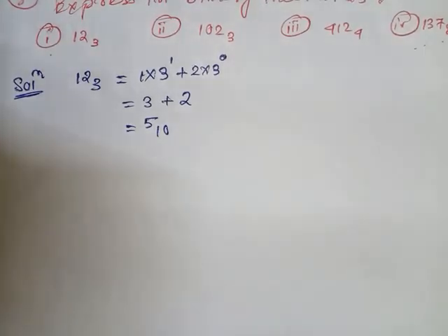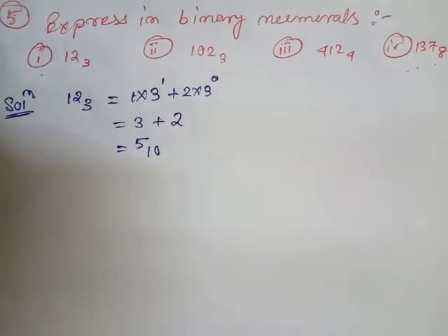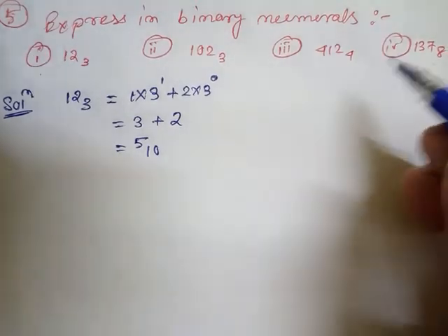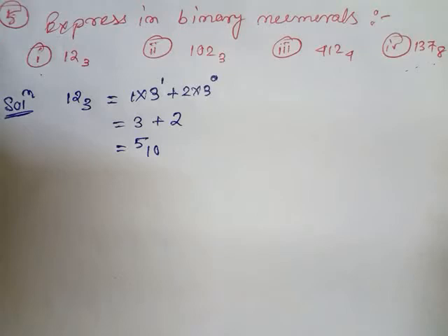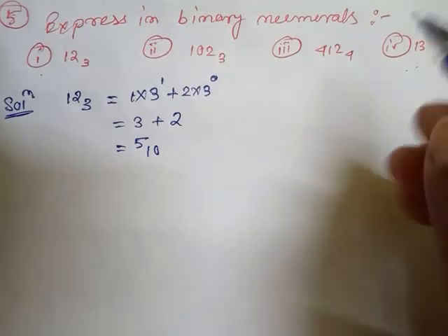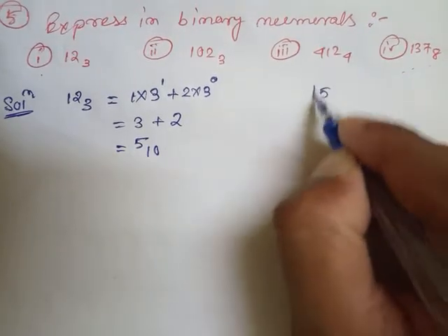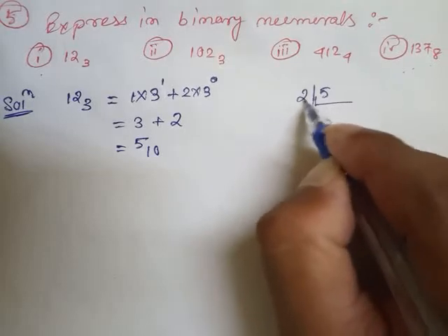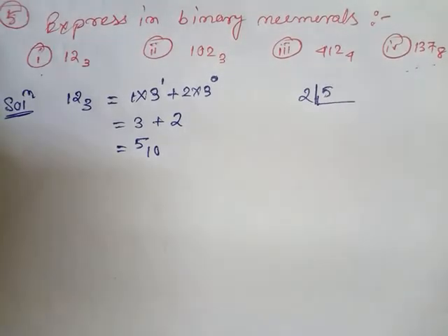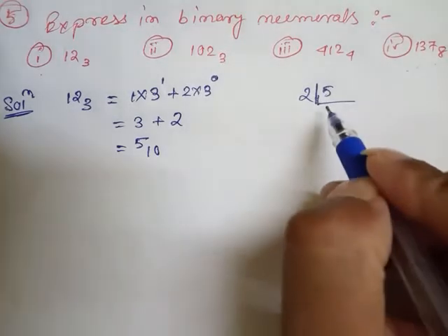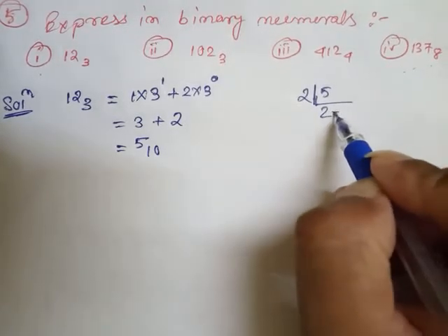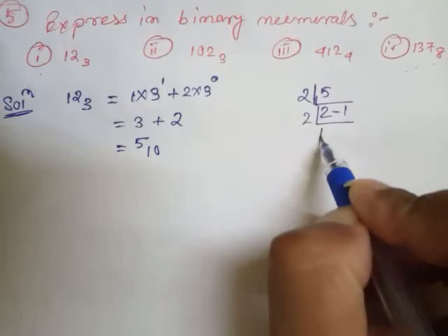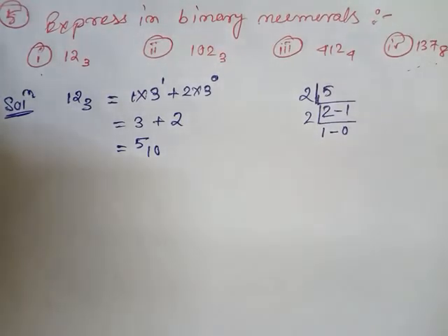This is the conversion into the decimal. Now after that, I will go for the conversion of this question to binary. 5 divided by 2. Since it is binary, we'll divide by 2 only, because the base of binary is 2. So 2 2s are 4, remainder is 1. Then 2 1s are 2, remainder is 0.